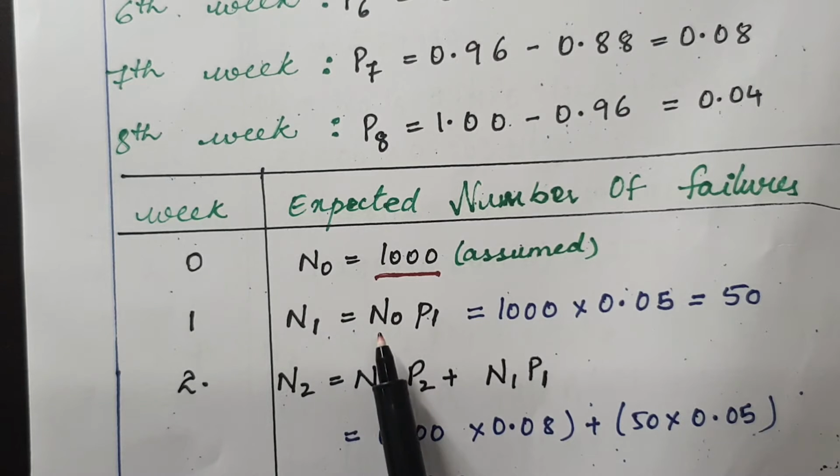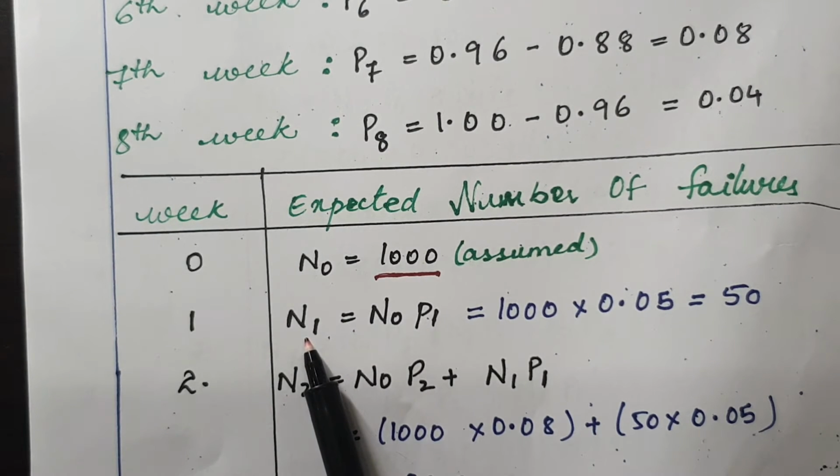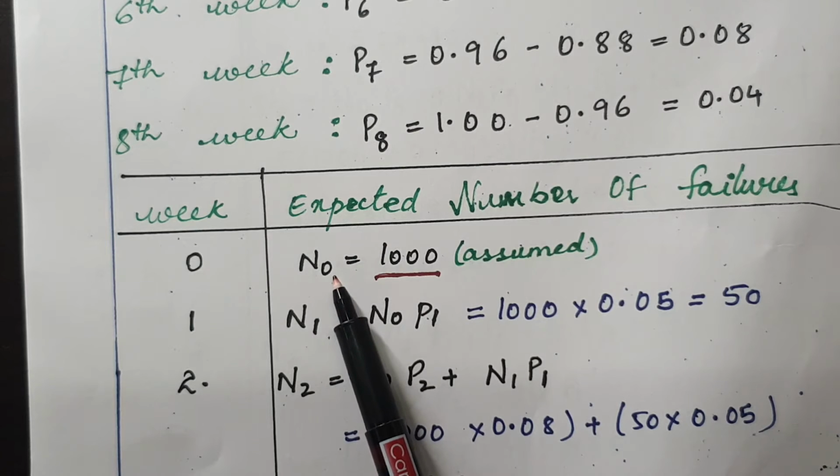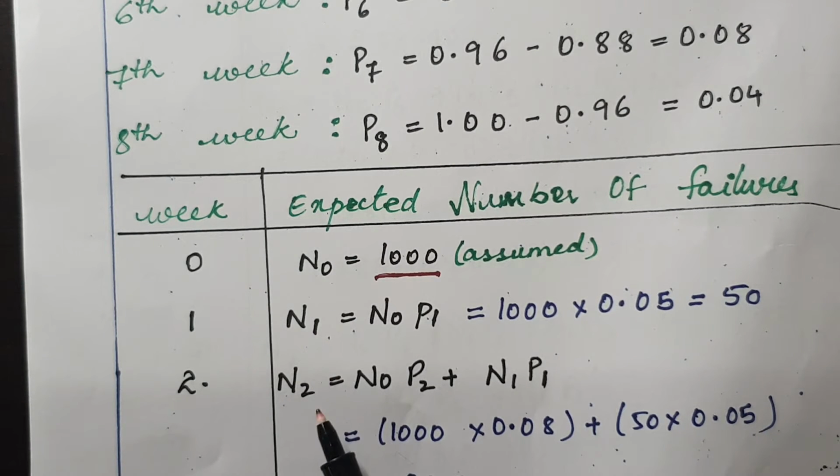So n1 is equal to n naught into P1. If you want to find the expected number of failures, start with n naught, then write n1, then n2. For n1, it is n naught P1.